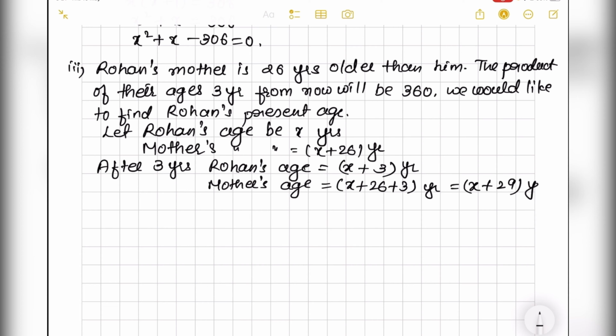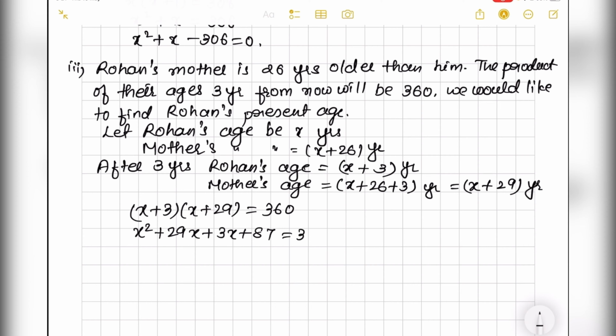Now he is saying product of those two is 360. So can I say (x plus 3) into (x plus 29) equal to 360? So x square plus 29x plus 3x plus 87 equal to 360. So x square plus 32x minus 273 equal to 0. So this is the required quadratic equation which he has asked.